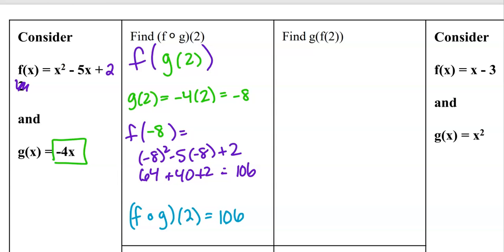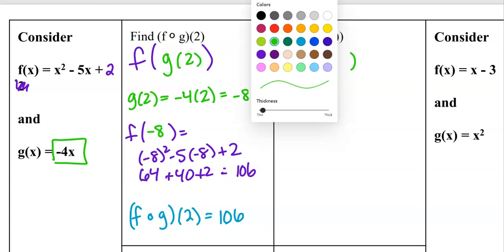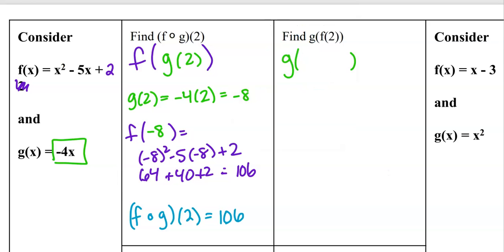Do you think if I switch the f and the g that we're going to get the same answer or a different answer? Different answer. Think it'll be different? Let's see. So now I have g of f of 2. So we have flip-flopped. We have g on the outside and f of 2 on the inside.